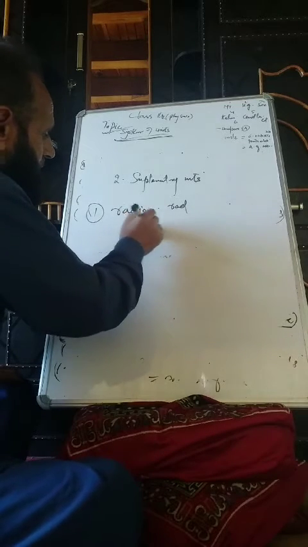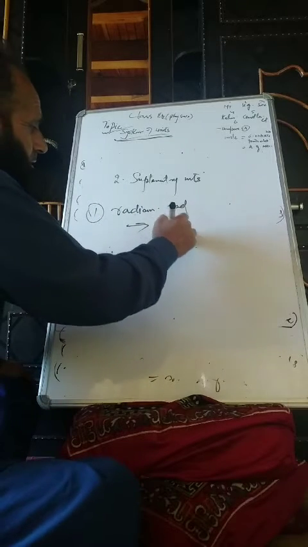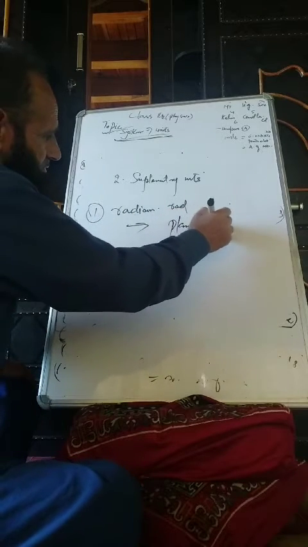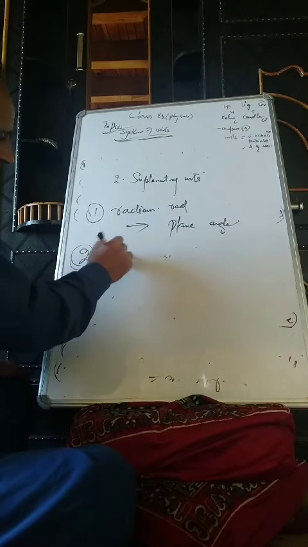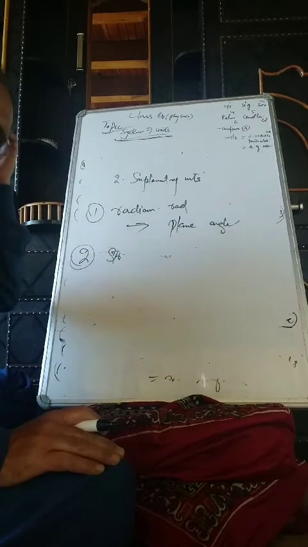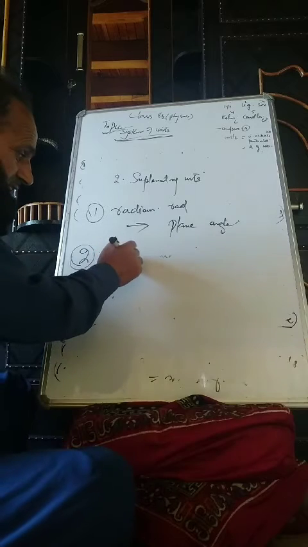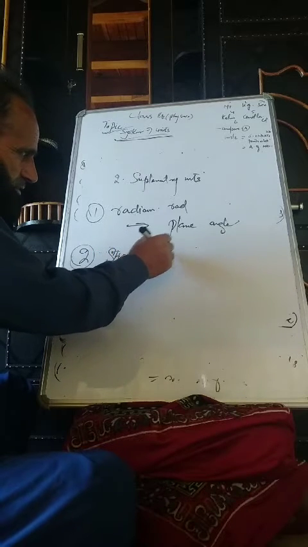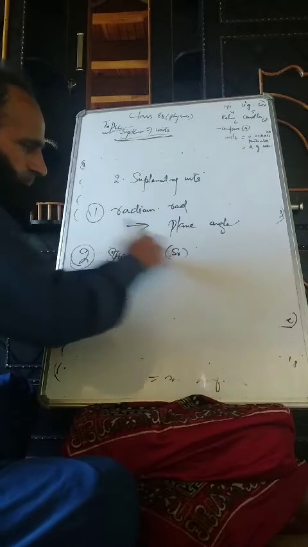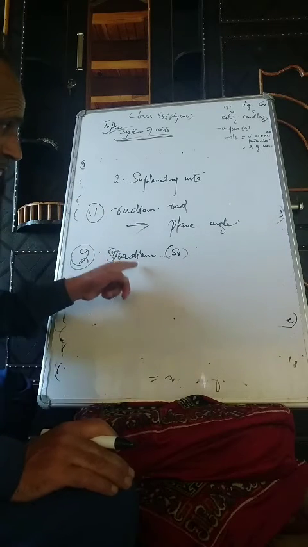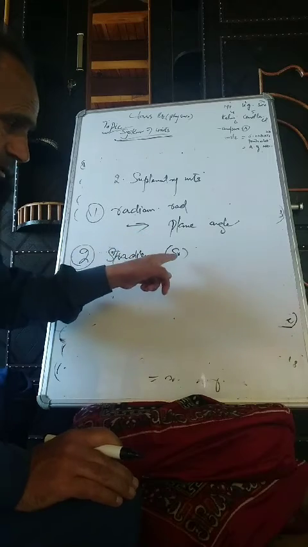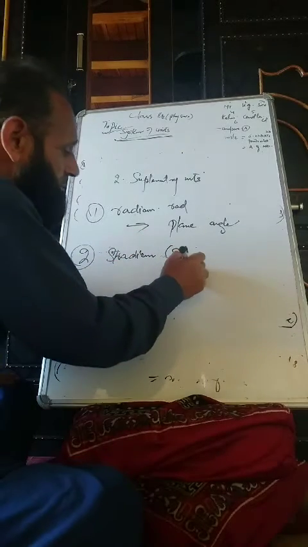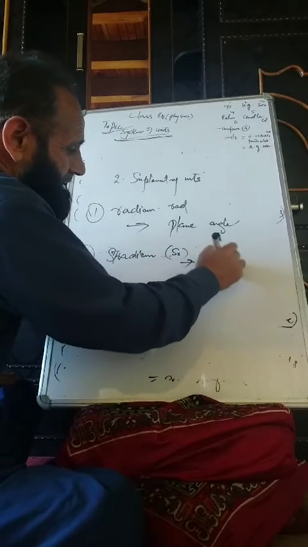In radian we measure a plane angle. And second, steradian, denoted by SR. We measure with steradian a solid angle.